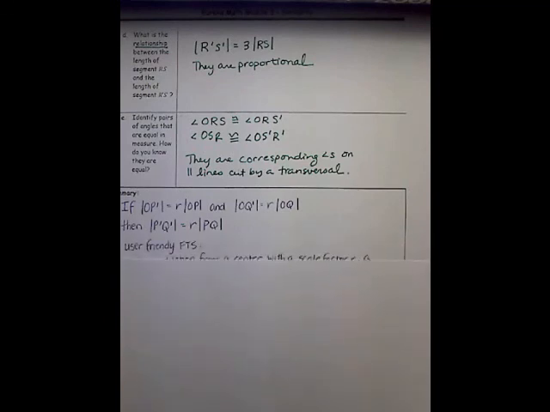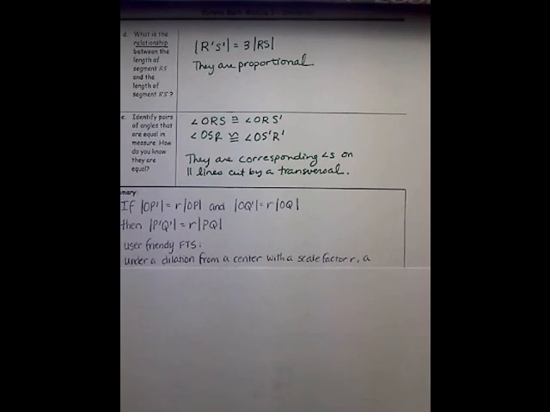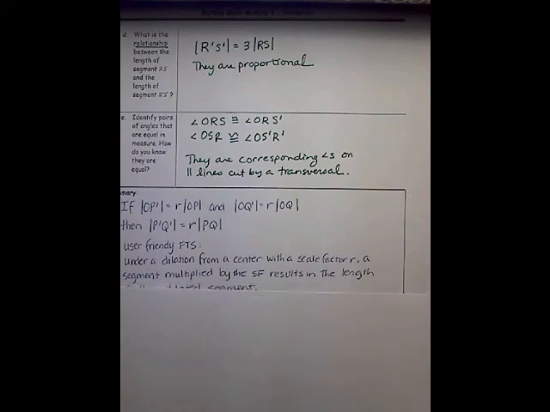In user-friendly terms, under dilation from center O with a scale factor r, a segment multiplied by the scale factor results in the length of the dilated segment.